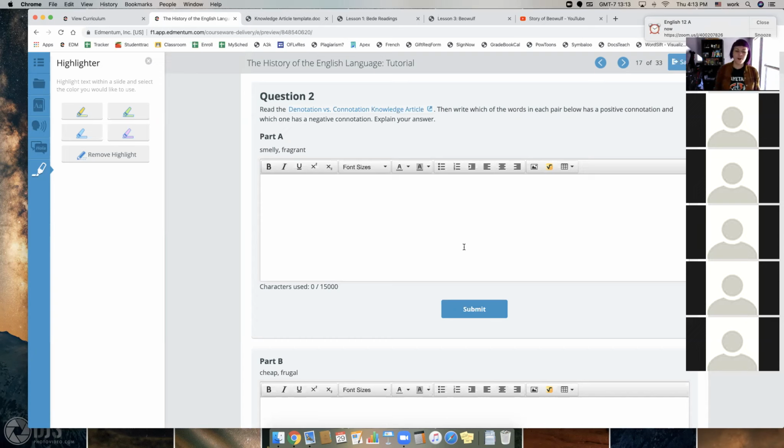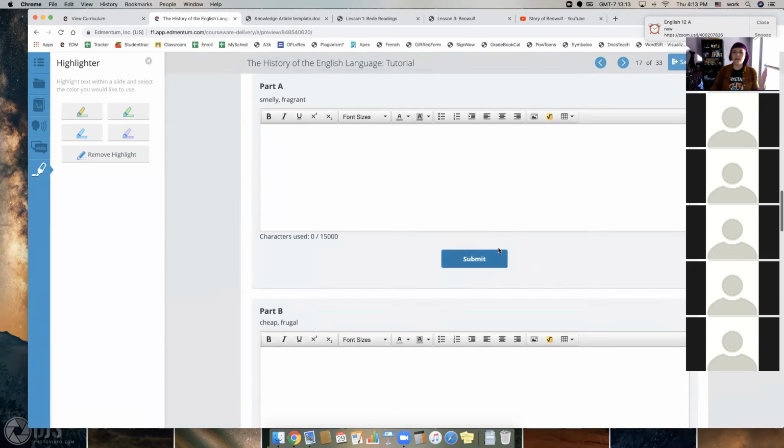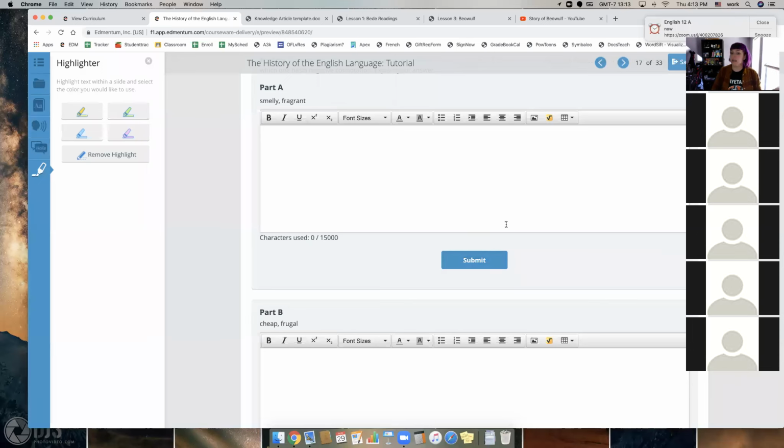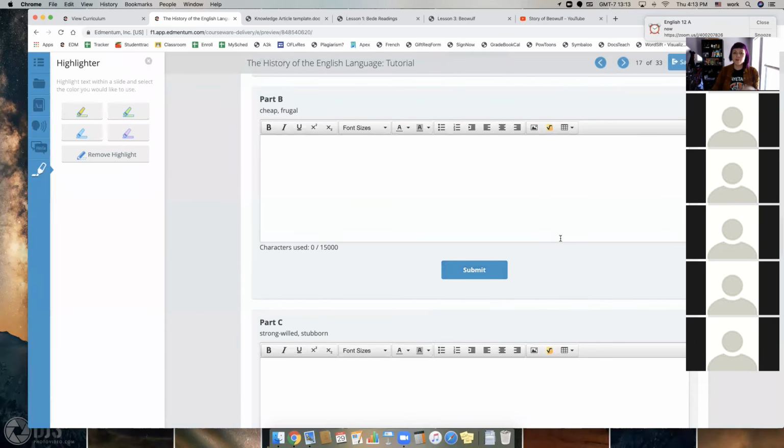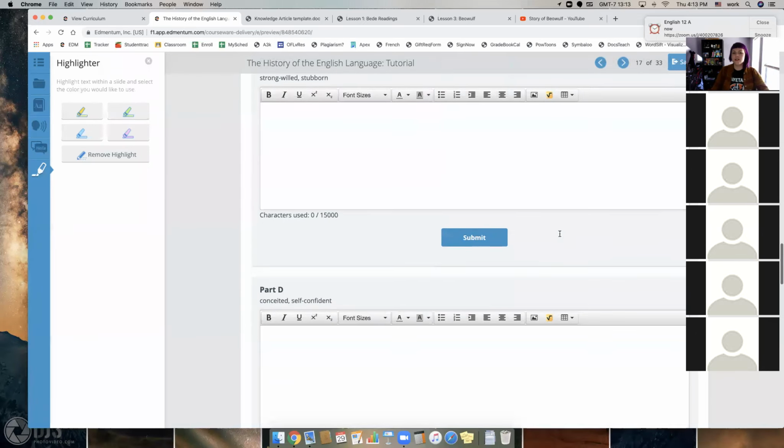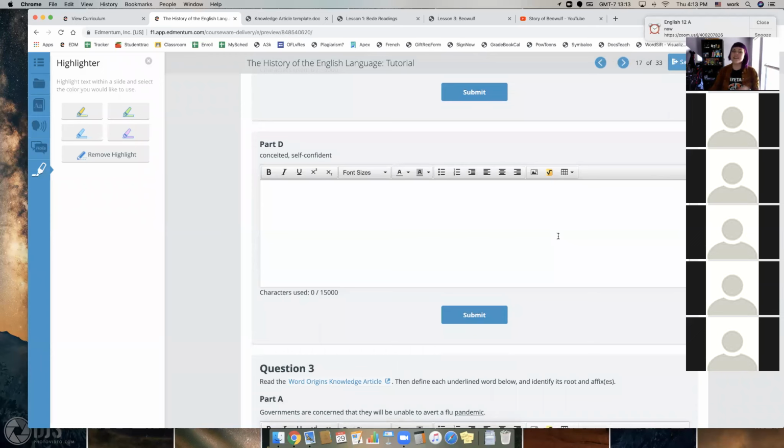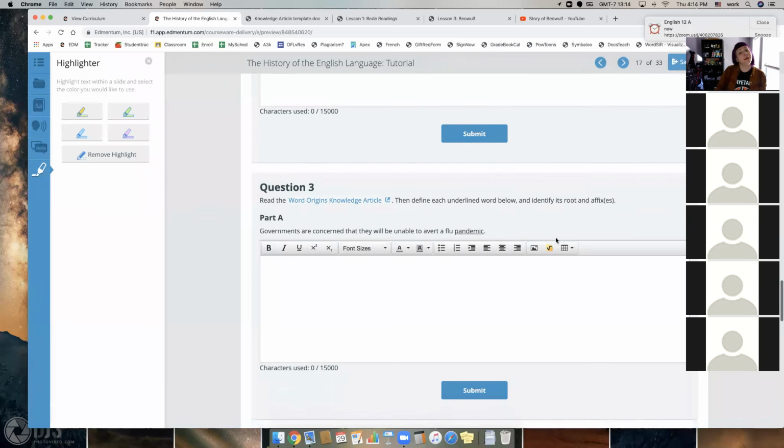One of those is clearly more negative than the other, unless you're trying to be ironic. That's basically what you're going to do for these. It shouldn't be too terrible for you. You have cheap and frugal, strong-willed and stubborn, conceited and self-confident. It's a big one, okay?